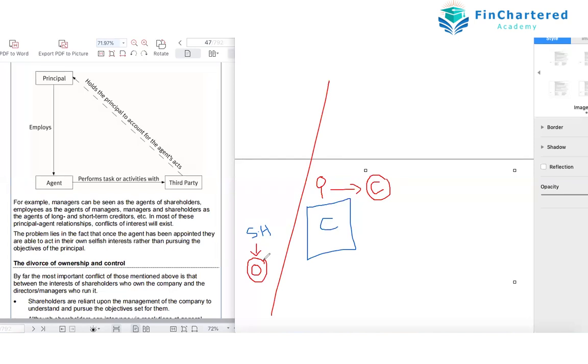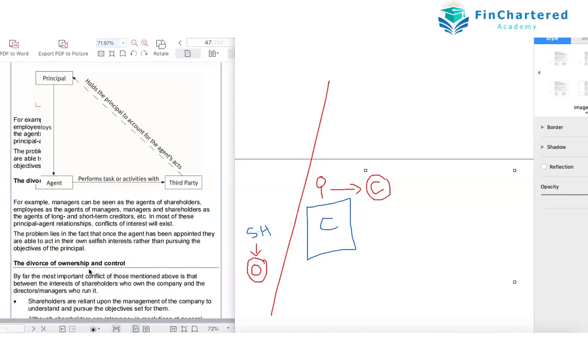It's not really a divorce, but the separation between ownership and control, where the people who run the company are not the same as the ones who own the company. The people who own the company don't run and control the company. This is divorce or separation of ownership and control.